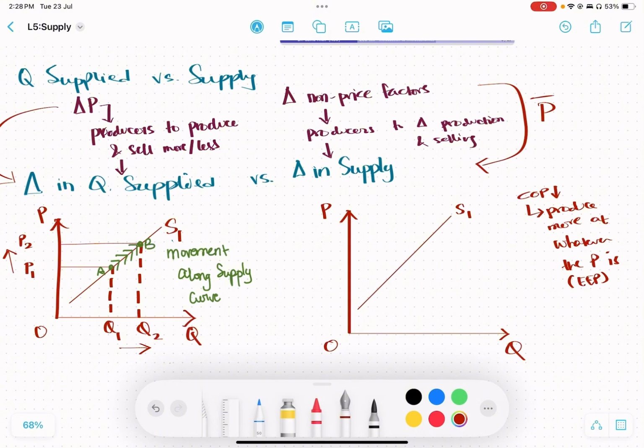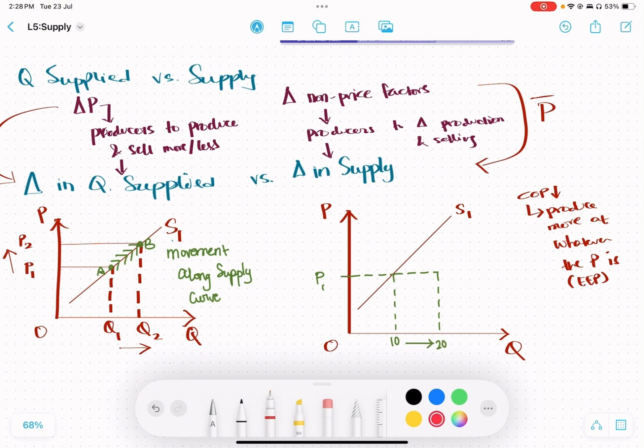So what is going to happen is, let's say if the price had been P1 before, they were selling, let's say, 10 units, now at that same price, because of this reduced cost of production, they're willing to sell 20. All right. Similarly, if the price had been P2, at this price, let's say before they were selling 17 units, now at this price, they are willing to sell 25 units.